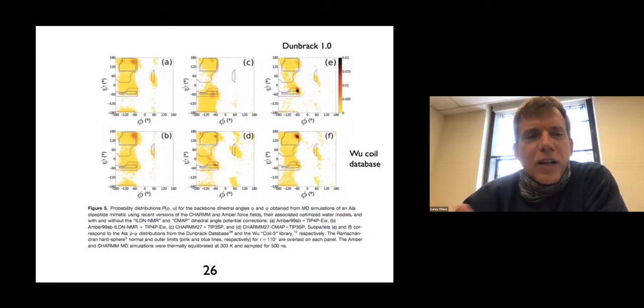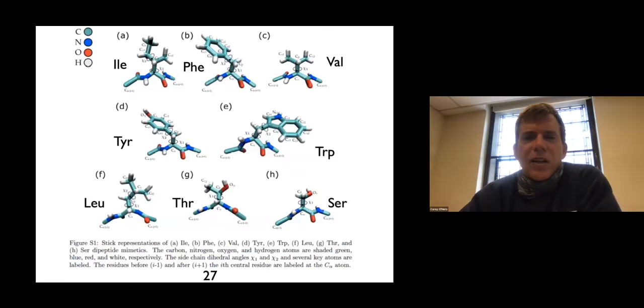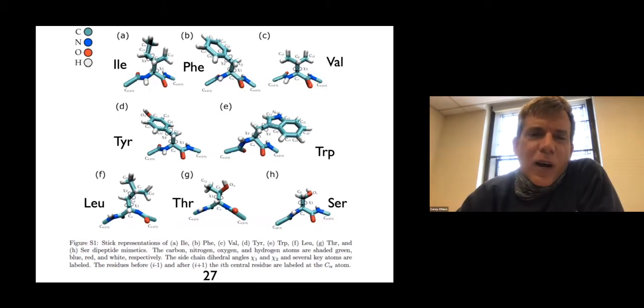And we're going to try to take that further with sidechain dihedral angles. So we're going to focus on amino acids that have side chains that tend to appear in the dense central regions of the protein, which are cores.